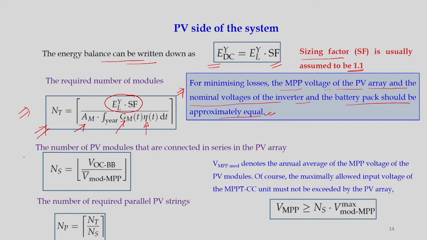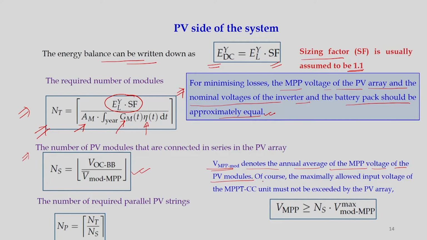Again, if we are interested to know the number of PV modules to be connected in series, then we need to follow this rule, V_OC to the V bar MPP. Here V MPP denotes the annual average of the maximum power point voltage of the PV module.